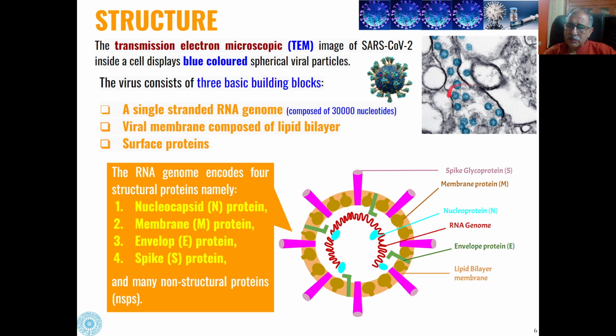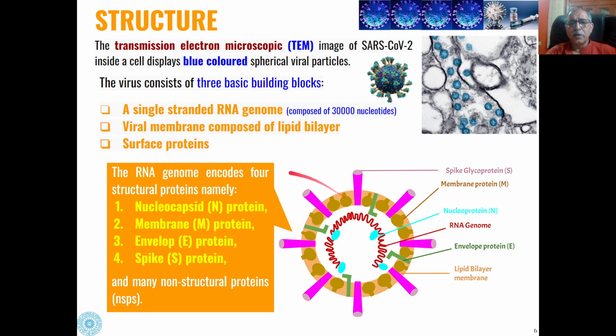And the basic structure of this virus is that it consists of three basic building blocks, where we have a single standard RNA genome. This is the RNA genome, which is covered with a viral membrane composed of a lipid bilayer, and this lipid bilayer has surface proteins present on it.